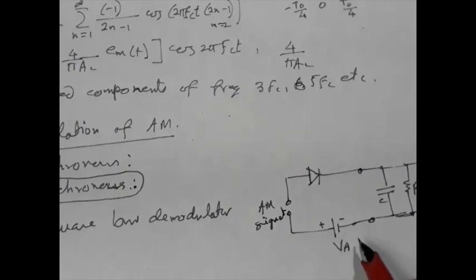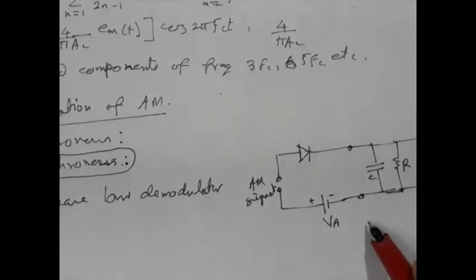Here this VA is a bias voltage used to bias the diode near this nonlinear region, knee region of IV characteristics, this region.